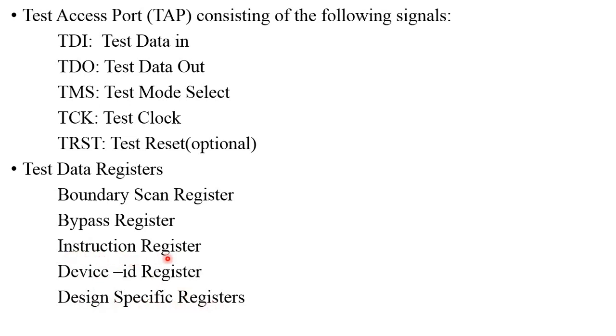Through the instruction register, we send what type of test we are going to do. If the test is not for that particular chip, it simply bypasses using the bypass register, or if that particular chip is to be tested, the boundary scan register is used. By using the boundary scan register, we can test the chip.